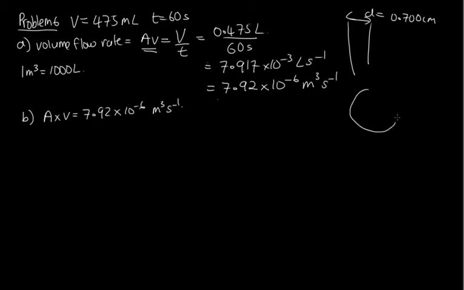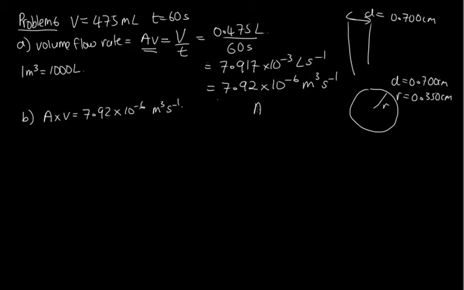Now, the water leaving the tap is shaped like a circle. We know that its diameter is equal to 0.700 centimeters, and so the radius is half the diameter, is 0.350 centimeters. So what we can do is substitute this into the area of a circle formula.